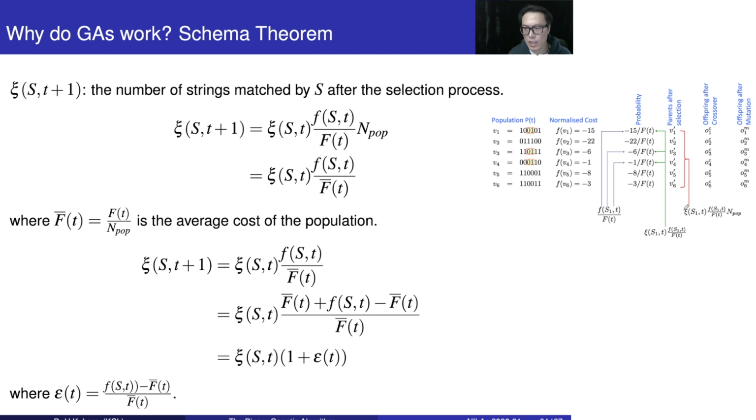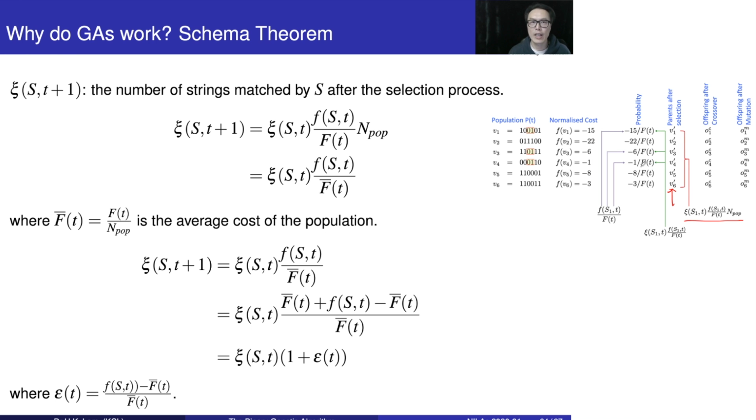We understand that after the selection process, at this point, the number of strings that match S1 in this population is this value.